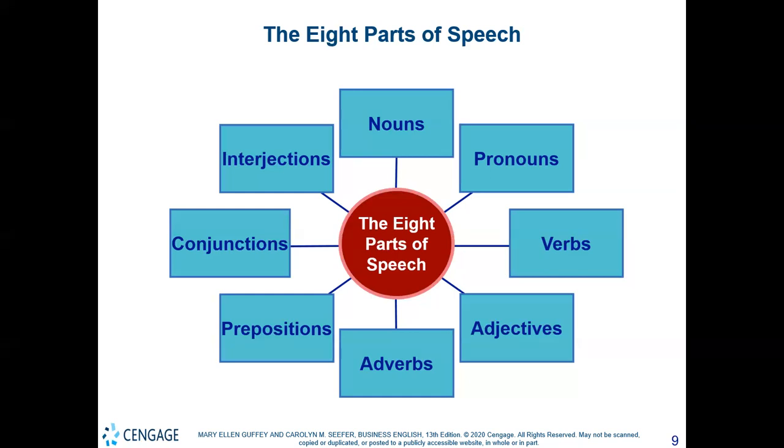How about conjunctions? What does conjunction mean? Conjunction is a function that connects words together and also sentences. For example, the most famous ones are and, or, and but. How about interjection?